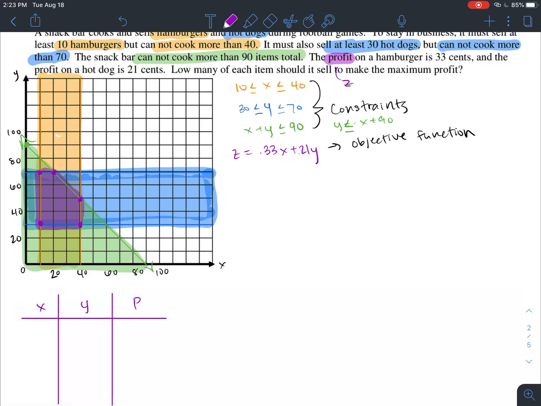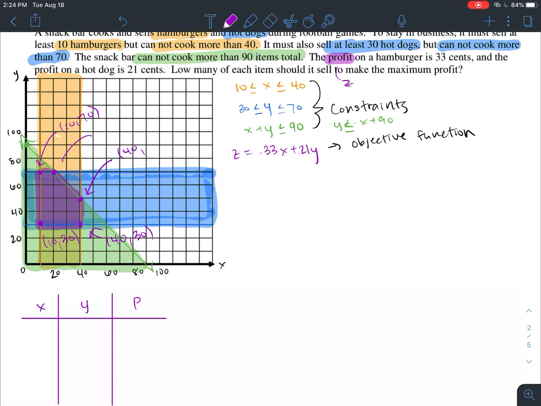There we go. Okay, so again, this right here is still 10 and 30. This one right here is still 10 and 70. This one right here is when x is 40 and y is 30. This right here is when x is 40, and we don't know the y value just yet.